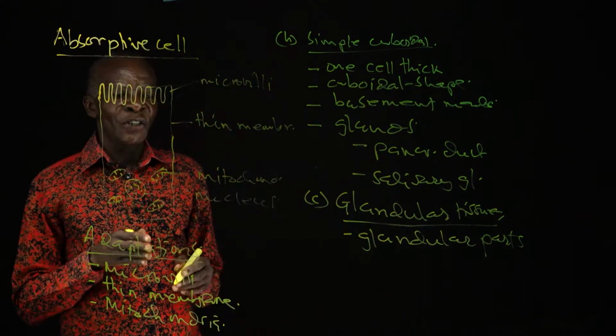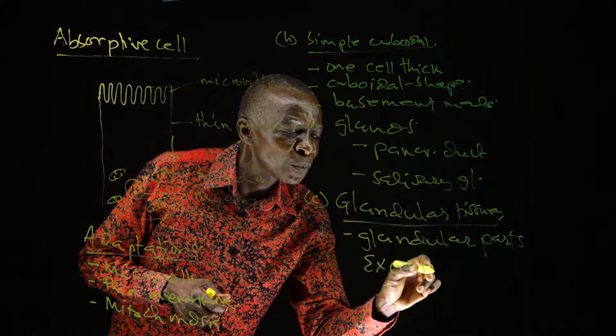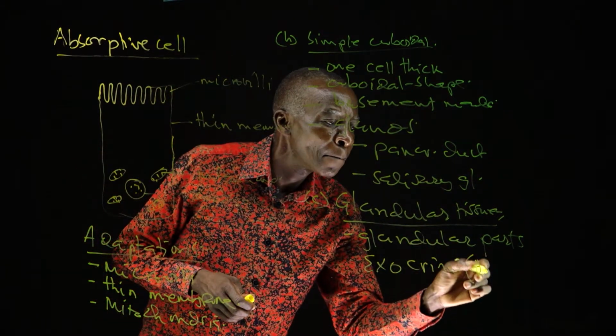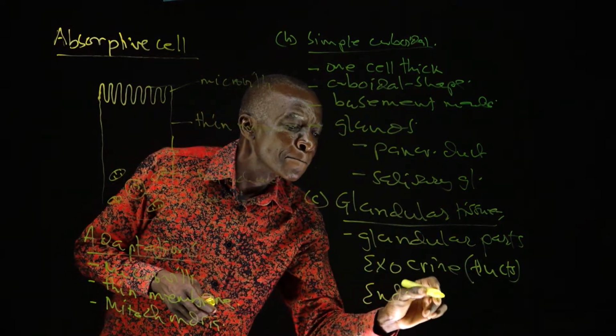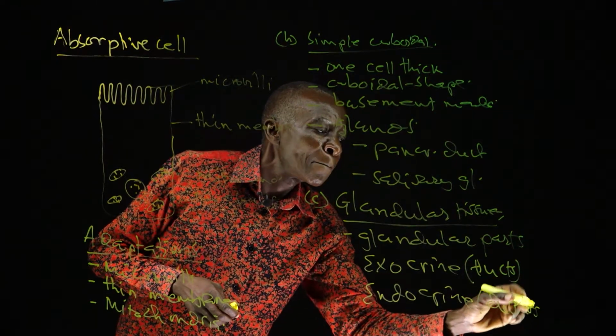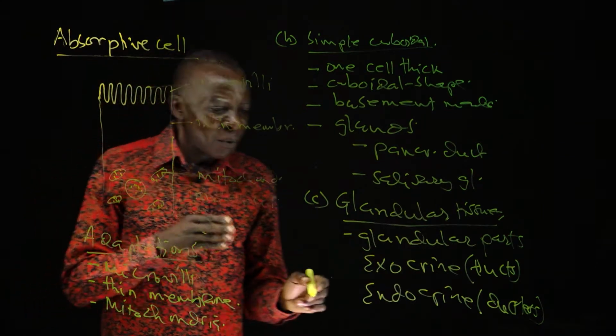And these glands may be either exocrine, I mean glands with ducts, or they may be endocrine, the so-called ductless glands.